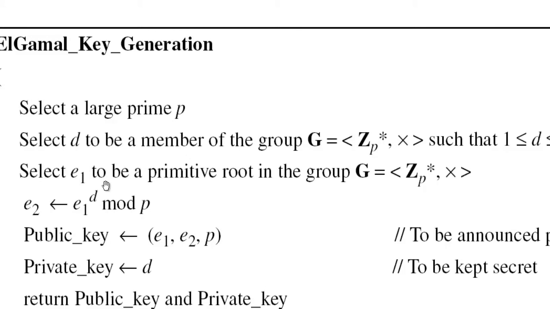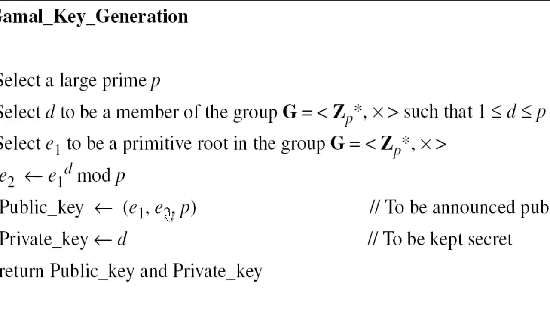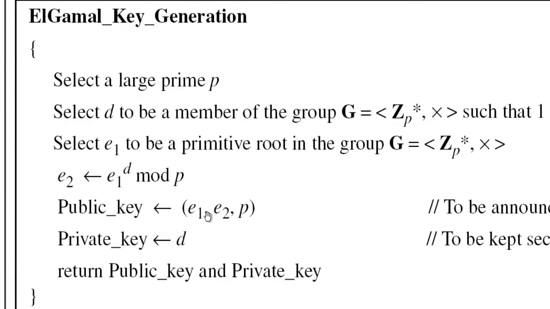Now again, he has to select a primitive root in the group. This primitive root is given by E1, and from that it generates E2, that is E1 power D, because this E2 is going to be sent to the person who wants to send the particular message.